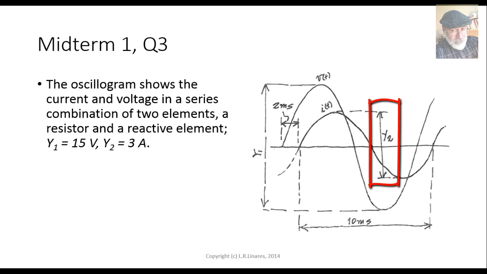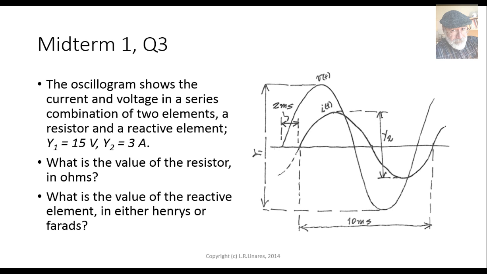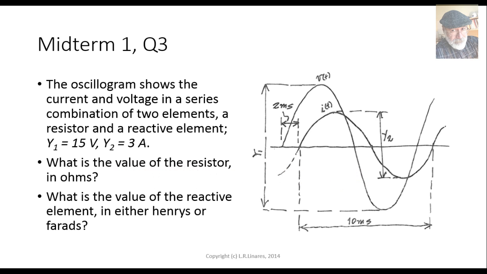The peak-to-peak value of the current Y sub 2 is 3 amps. What is the value of the resistor in ohms? That is the first part of the question. And the second, what is the value of the reactive element, either in henries, and there is a typo there, it should be henries, or in farads if it's a capacitor?